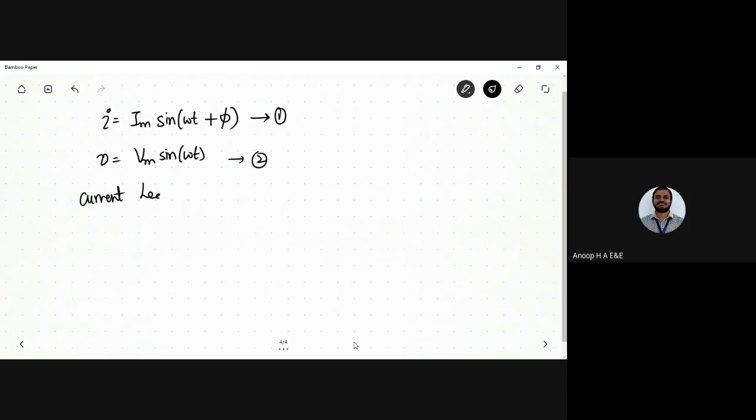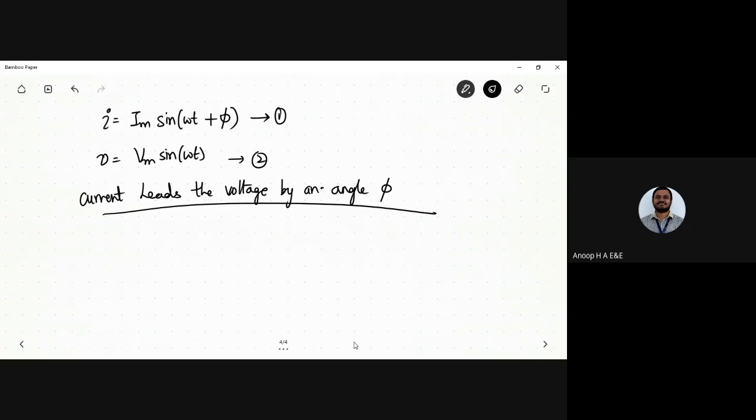Current leads the voltage by an angle phi.